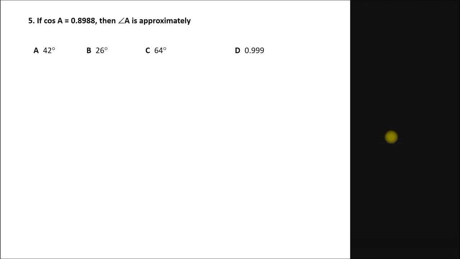Question 5 says, if the cosine of A equals 0.8988, then angle A is approximately. So once again, if the cosine of an angle equals 0.8988, then the angle itself, A, equals the inverse cosine of 0.8988.